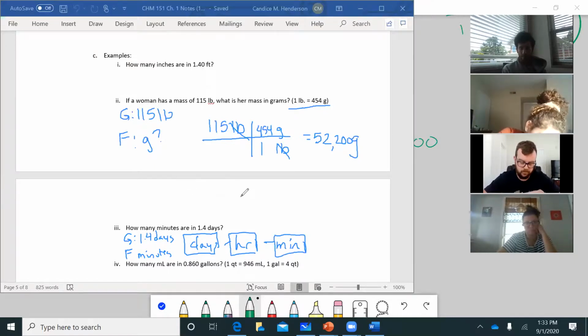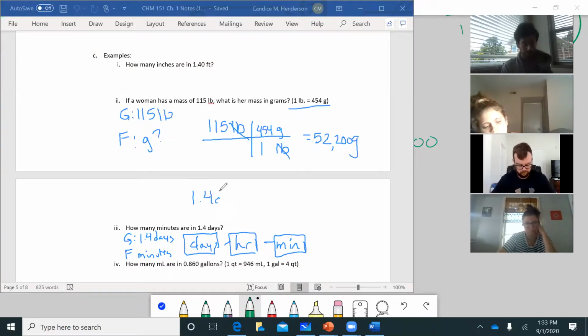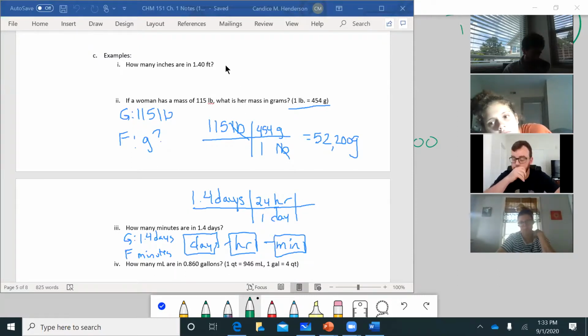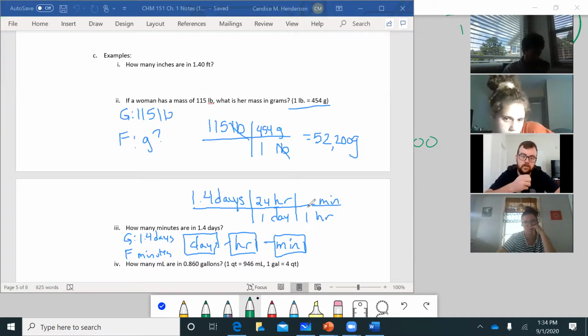And then when writing it out with the actual numbers, I know that 1.4 days is where I'm starting. First thing is to get into hours. So days on the bottom, hour on the top. I know that 1 day has 24 hours in it, but I don't want to stop there. I want to go all the way to minutes. So I'm going to put the hour on the bottom and the minute on the top. 1 hour will give us 60 minutes.